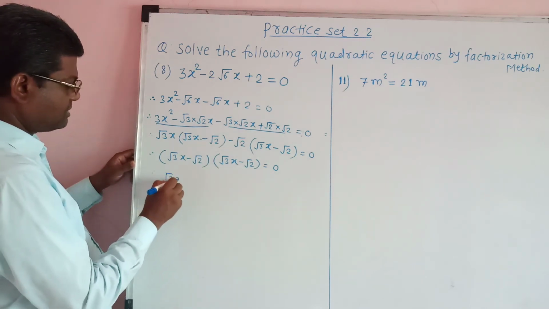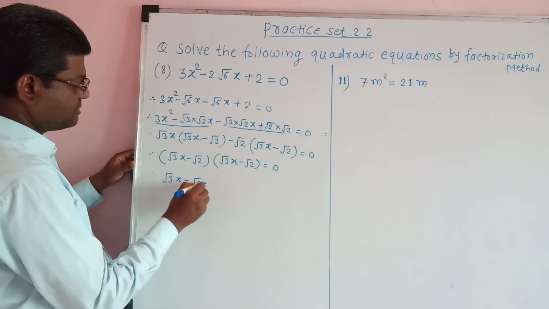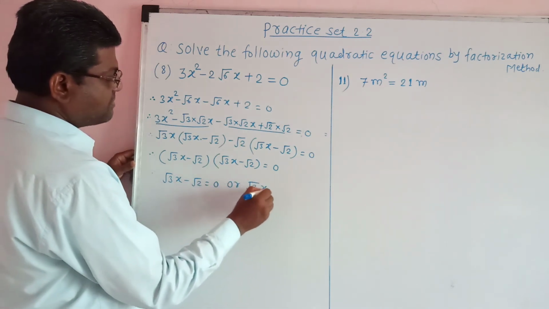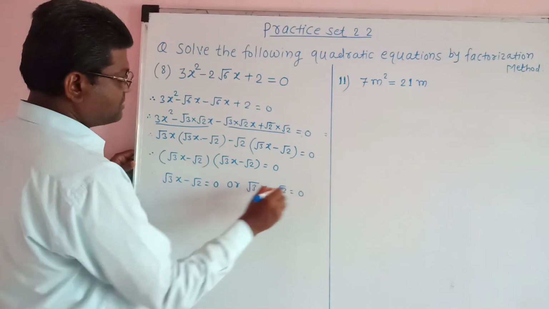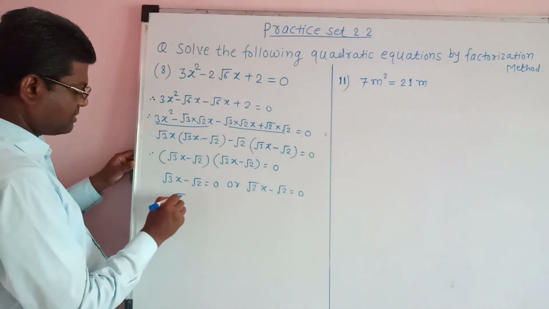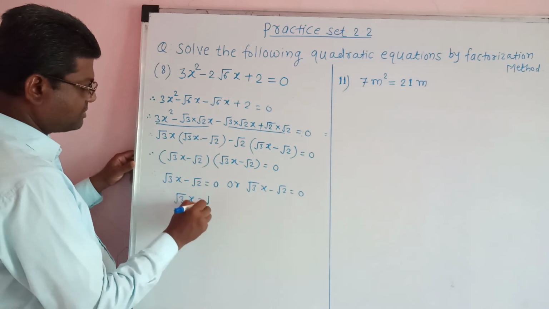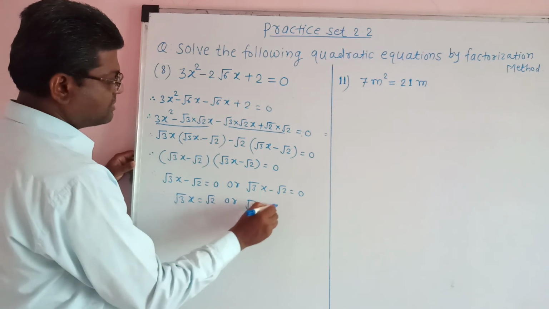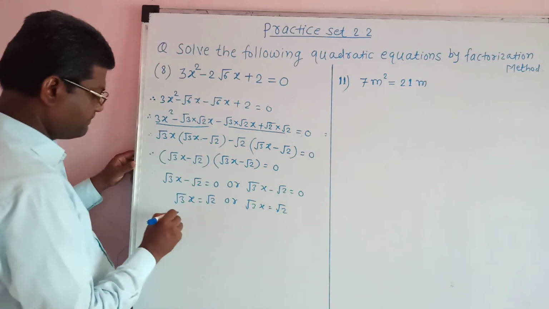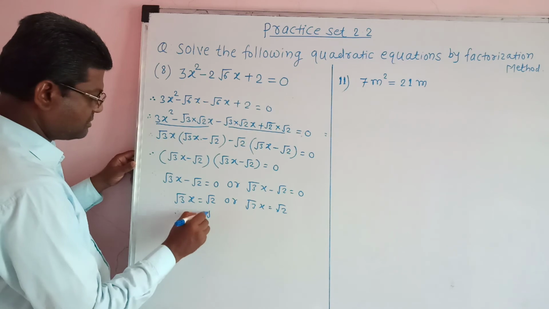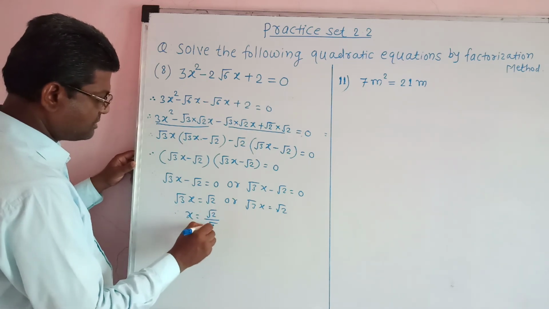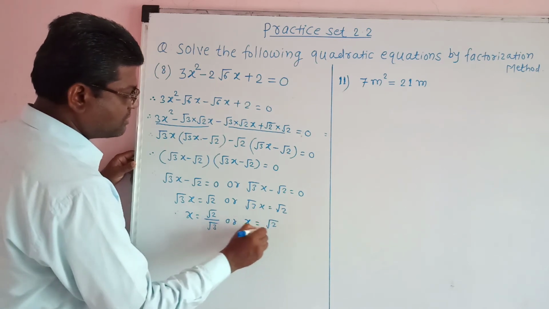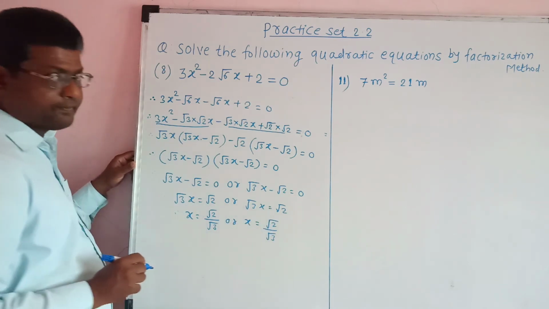Therefore root 3x minus root 2 is equal to 0, or root 3x minus root 2 is equal to 0. Therefore root 3x is equal to root 2, or root 3x is also equal to root 2. Therefore x is equal to root 2 upon root 3, or here also x is equal to root 2 upon root 3.